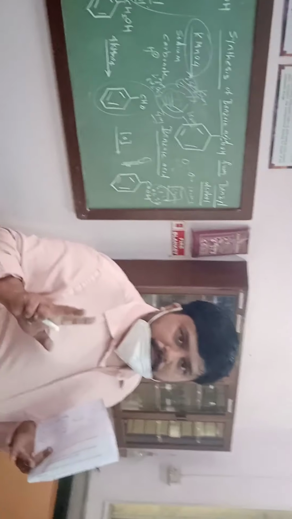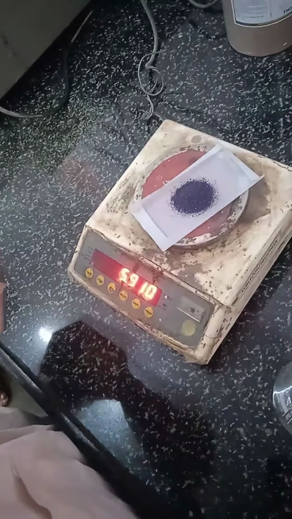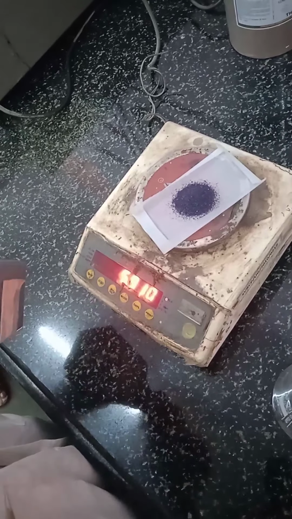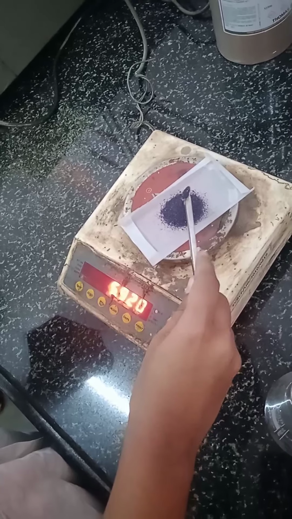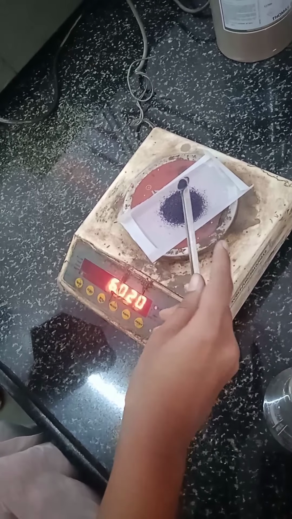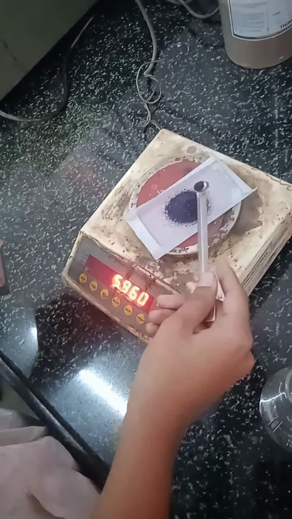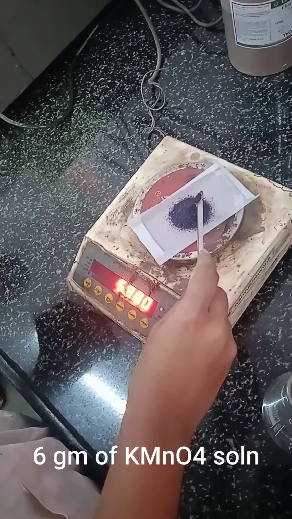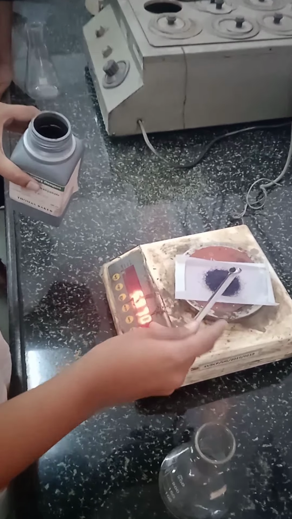Then you take 4 ml of benzyl alcohol. Maybe you can tell them I'm weighing 6 gram of KMnO4. Weighing of KMnO4, 6 gram.